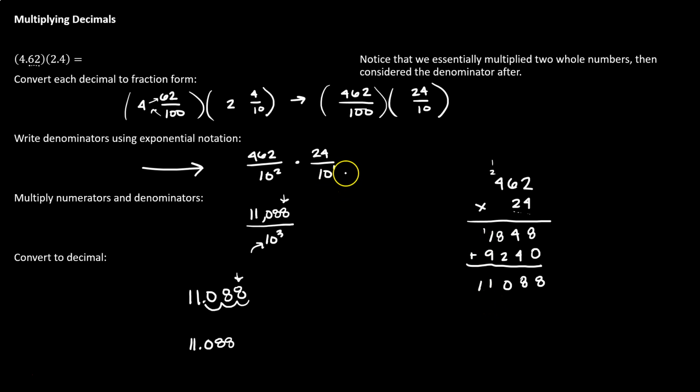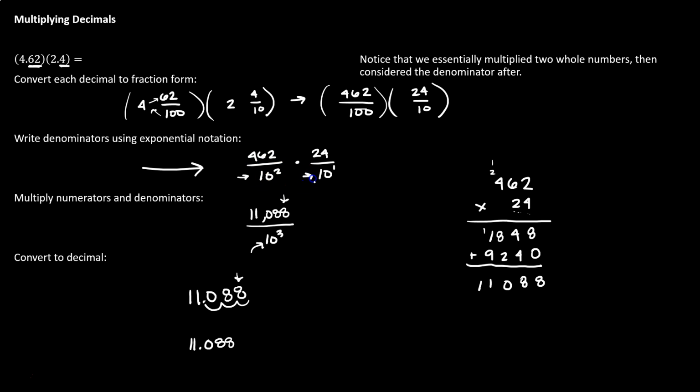So when we multiplied these numbers, we could kind of say we ignored the decimal until the very end, which is where we say how many digits did we have to the right of the decimal before we multiplied. So going back to our original numbers, we have 2 digits from this number, 1 digit from this number. And we saw that when we multiplied by fractions, the 2 digits to the right of the decimal are denoted with a 10 squared in the denominator.